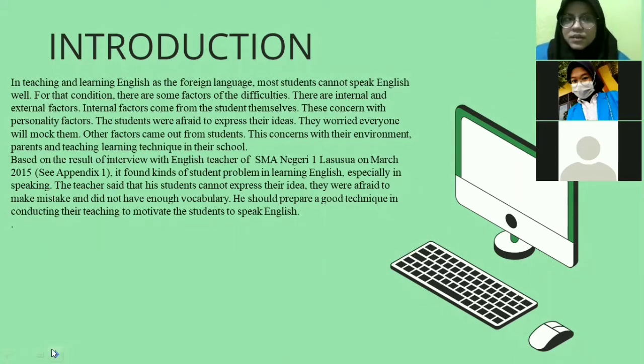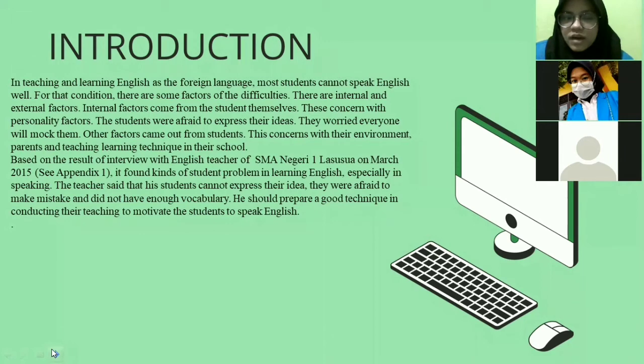That's concerned with personality factors. The students were afraid to express their ideas. They worried everyone would mock them. Other factors come from outside the students. This concerns their environment, parents, and teaching learning technique in their school.